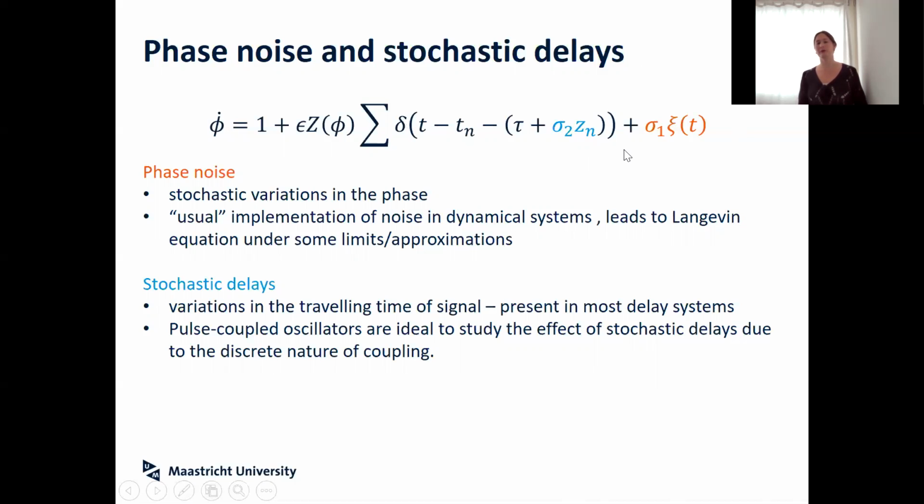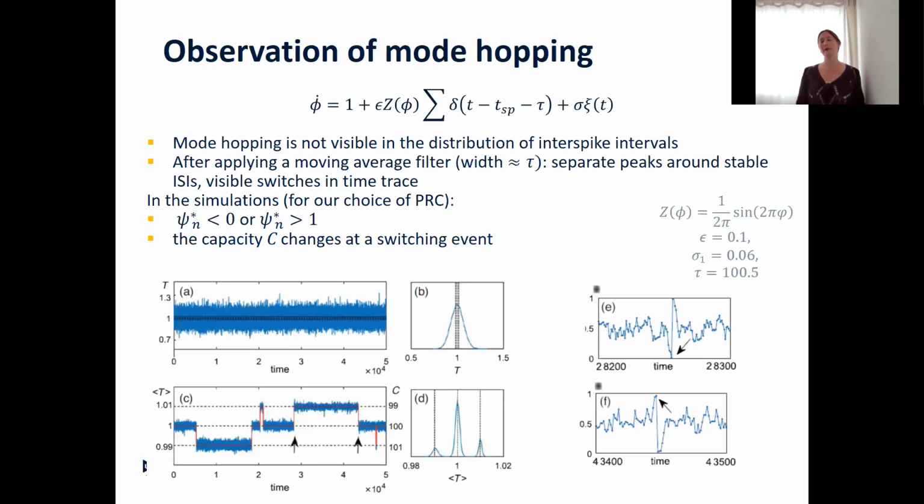But we have pulse coupled systems, and because our coupling is discrete, it is an ideal system to study the effect of stochastic delays. And well, what do we see? As I told earlier, the main observable are the interspike intervals. But looking here, this is the time trace of the interspike intervals, and you don't see anything.